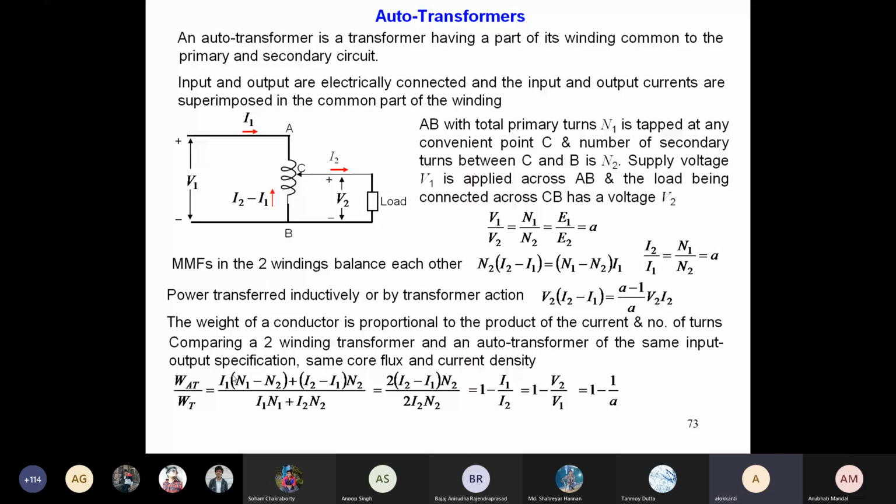So you see the weight of the auto transformer for the same input-output specification is going to be less than a normal two-winding transformer, because the right-hand side value is less than 1. So for the same input-output specification, same core flux and current density, the auto transformer weight is going to be less than a two-winding transformer.